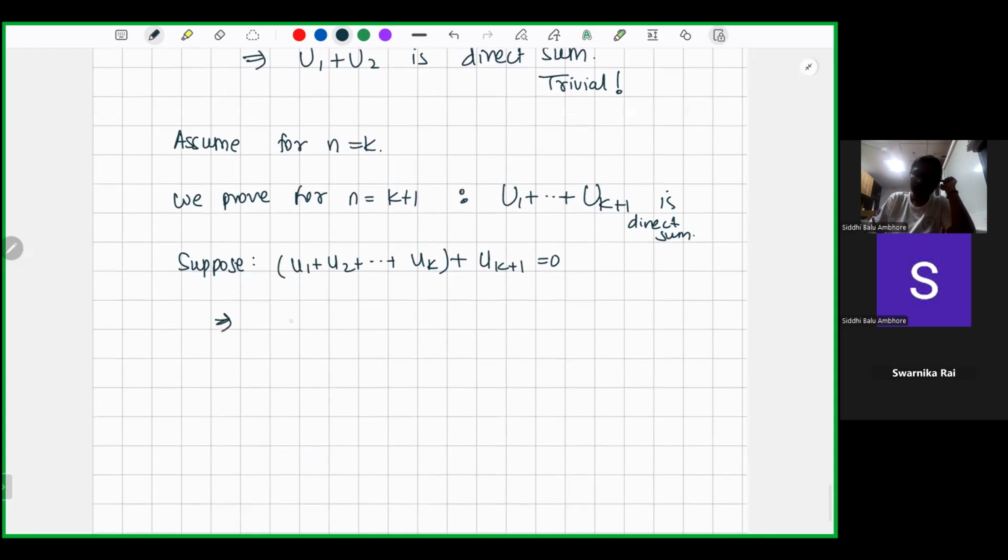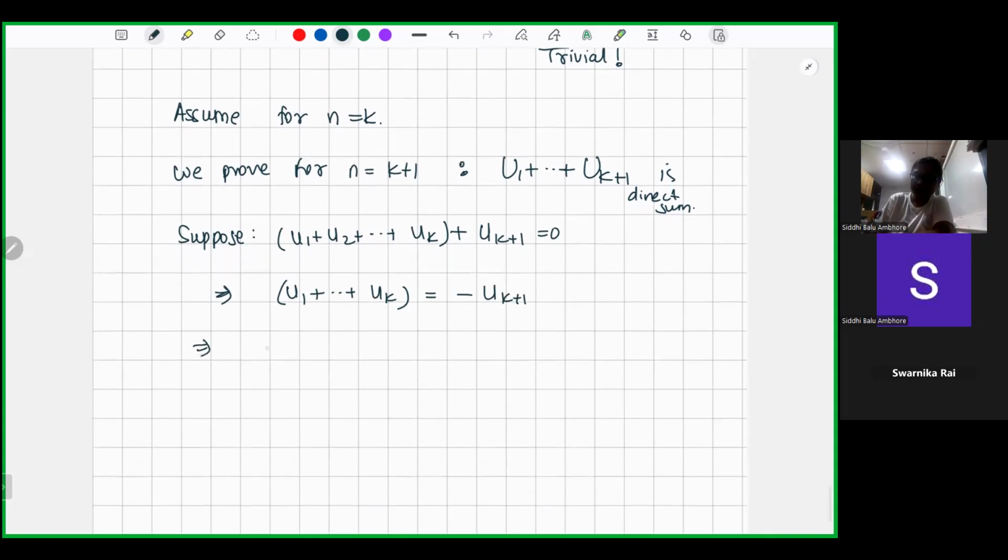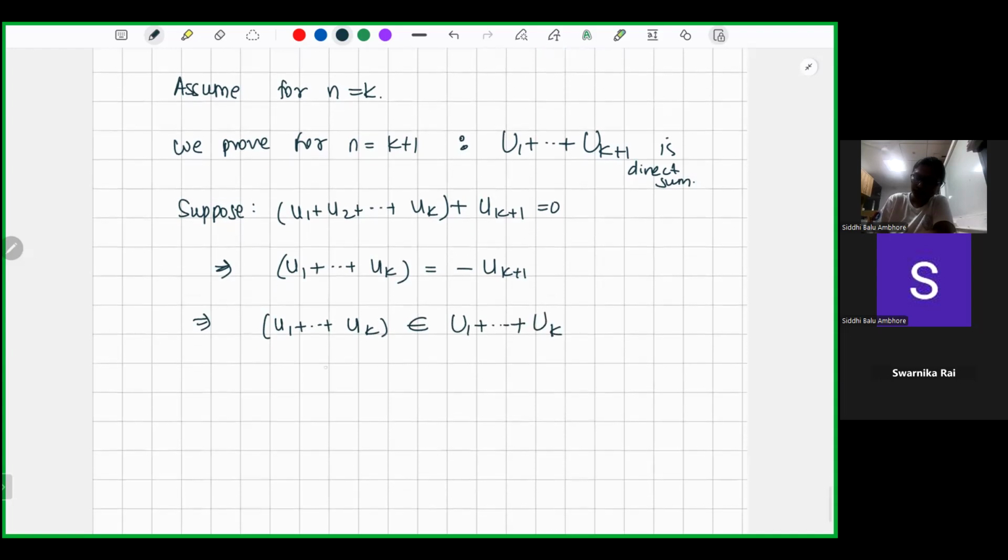So this will imply that u1 plus ... plus uk is equal to minus uk plus 1. Then this element, u1 plus ... plus uk, belongs to U1 plus ... plus Uk, and this minus uk plus 1 belongs to Uk plus 1.